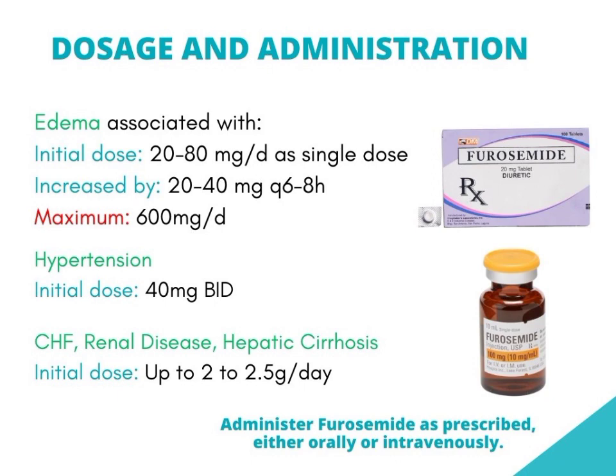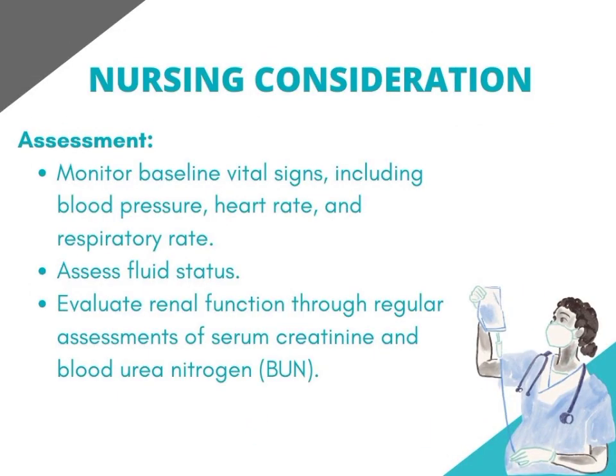For hypertension, the initial dose is 40 milligrams twice a day. And for congestive heart failure, renal disease, and hepatic cirrhosis, the dose is up to 2 to 2.5 grams per day. Now let's dive into nursing considerations.